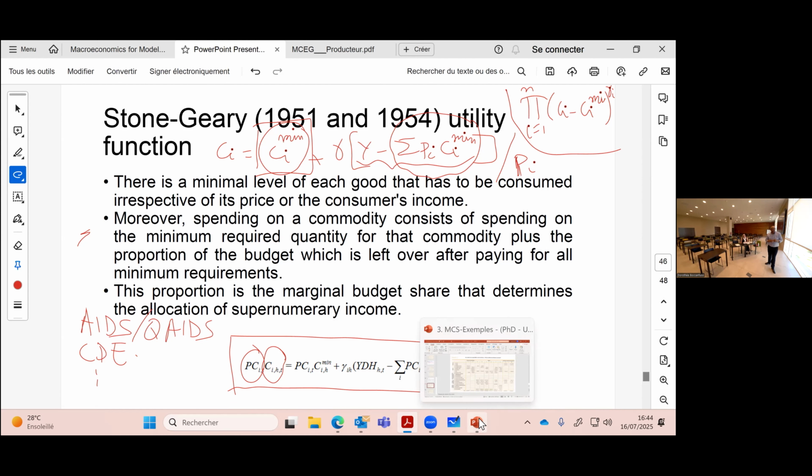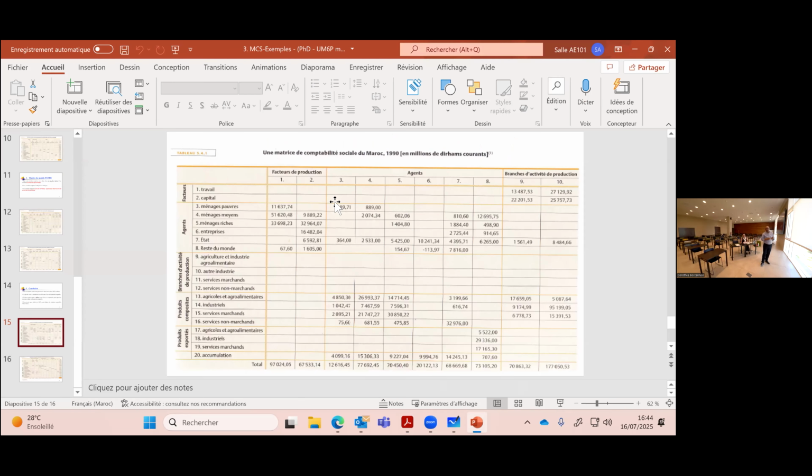Is there any question? Do you have any questions on the consumer part, the producer part? No question? Good. There's no question because it's not clear or because it's clear, I don't know.